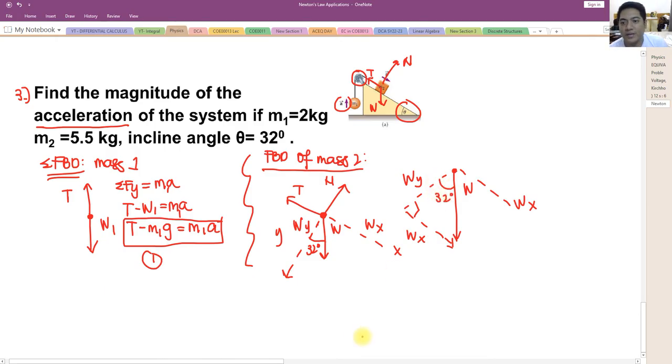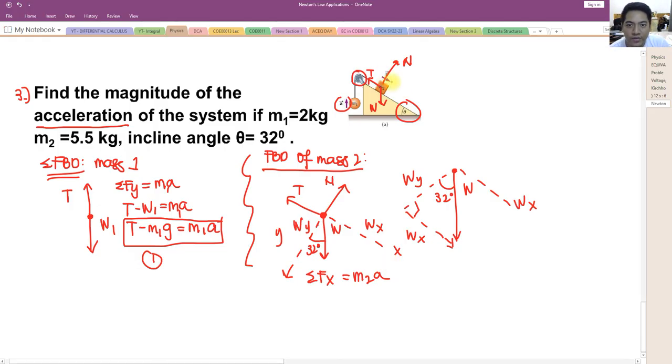Okay? So that's the more detailed drawing of the triangle of the W components in terms of X and Y. So how about if we get the summation in terms of X? That would be m2 times a. Because object 2 is also moving, we have an acceleration.